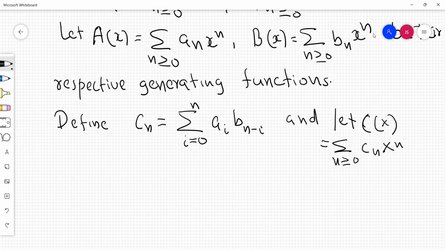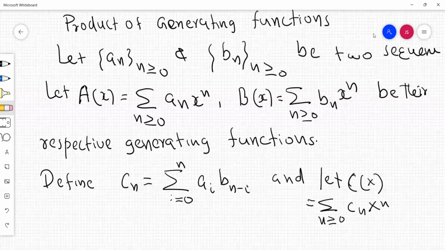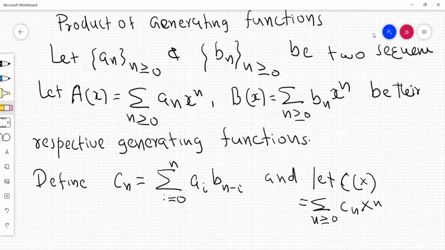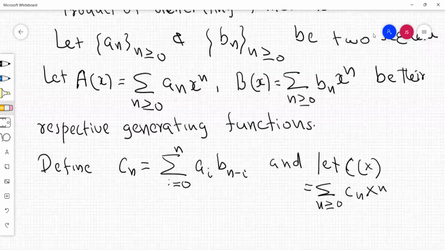Oh, okay, this is the theorem. Let A_n and B_n be two sequences, and A(x), B(x) their respective generating functions.